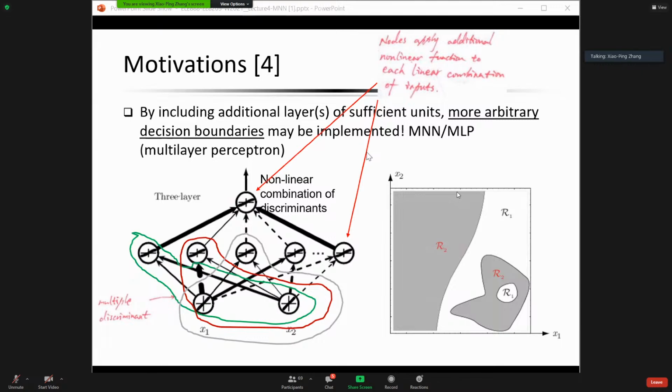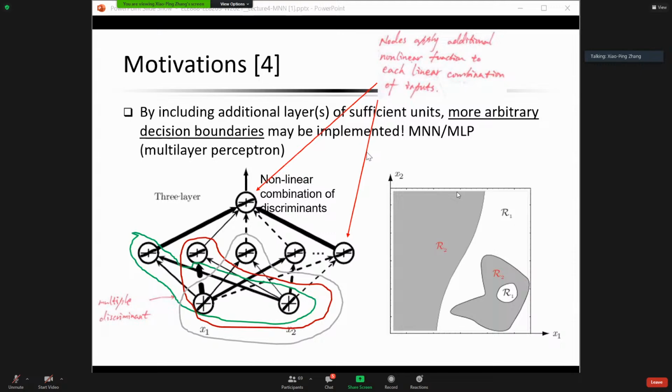So that is, in essence, already a multi-layer neural network. MLP means multi-layer perceptron. Each linear function plus a nonlinear function, then to modify the output, that is called one perceptron or one neuron.